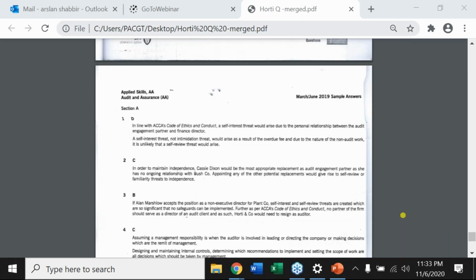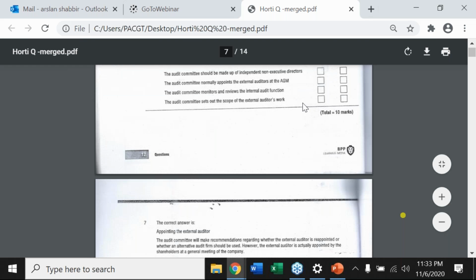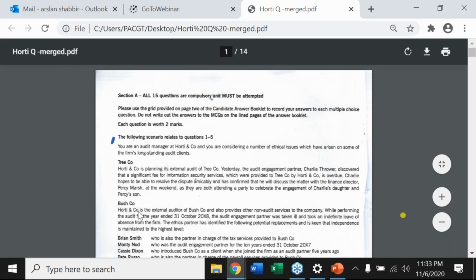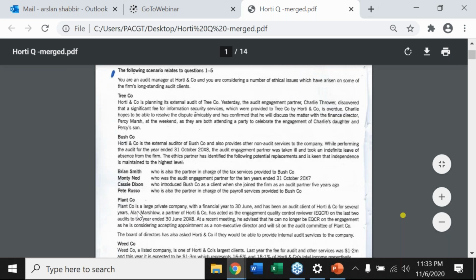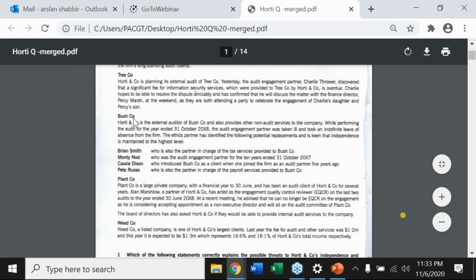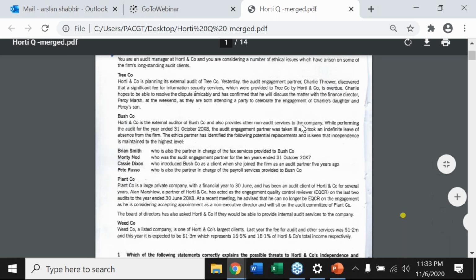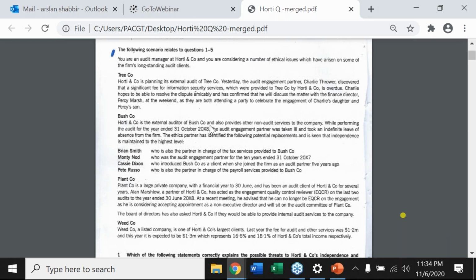So come to the question again. Hoti and Company is the external auditor of Bush Company and also provides other non-audit services to the company, while performing the audit for the year ended 31st October.